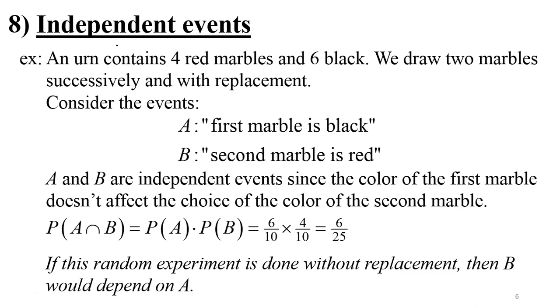The choice of the second marble would depend on the choice of the first one, because, for example, if the first one was red, the total number of marbles in the urn would become 9 instead of remaining 10, and the number of red or black marbles would change inside the urn. So the choice of the second one would then depend on the choice of the first one.